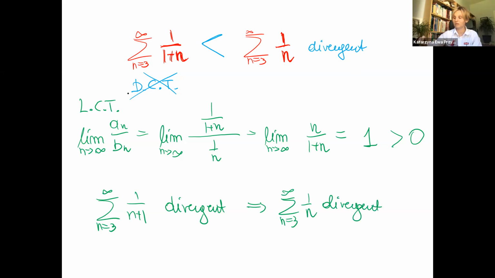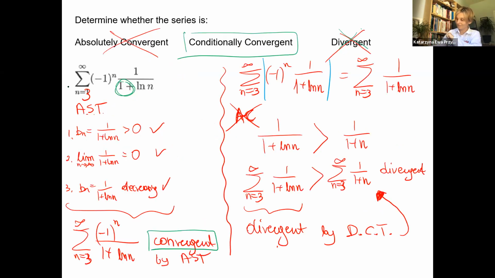That means yes, by limit comparison, and we use limit comparison for this one, just for this one. If we figure out that this one is divergent, then yes, this is divergent. We prove it on the next slide. And now by comparison, the very original formula is divergent. That was the absolute value.